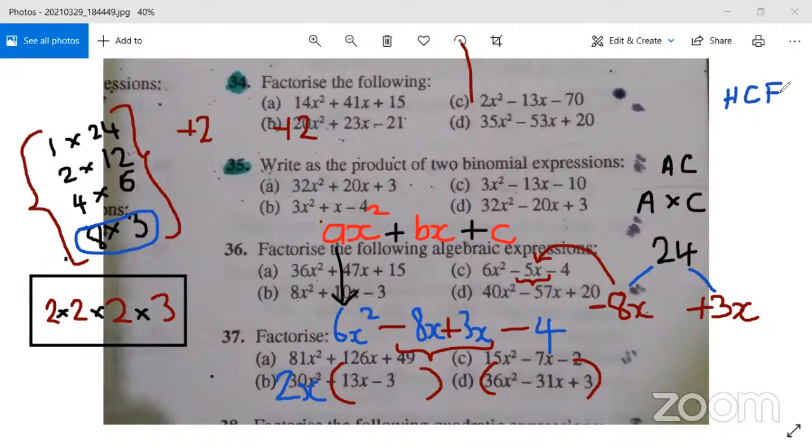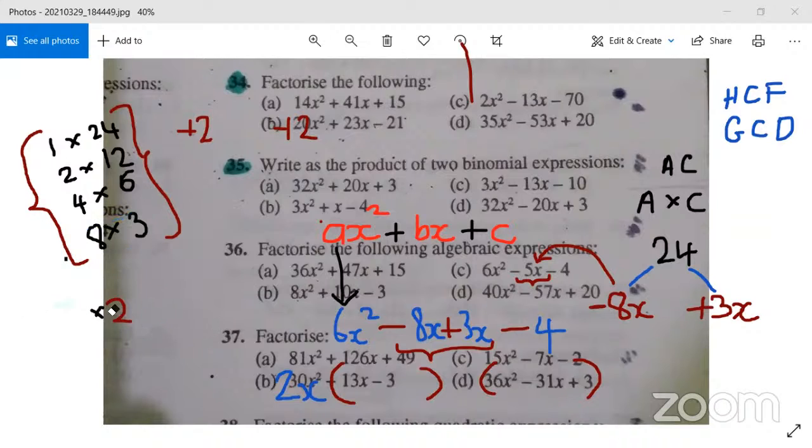But you also have something that will throw people off. It is called the GCD, which means greatest common divisor. So in other words, what we are actually telling you is that 6x squared minus 8x will be divided by the 2x, right? So let me just get rid of what's over here, right?